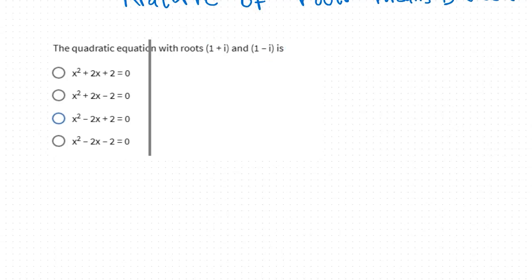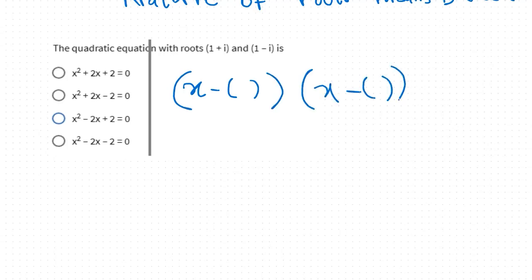It's not like that. There is a formula: x minus first root into x minus other root, that is, x minus alpha into x minus beta.